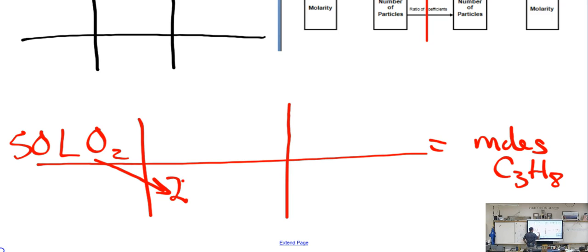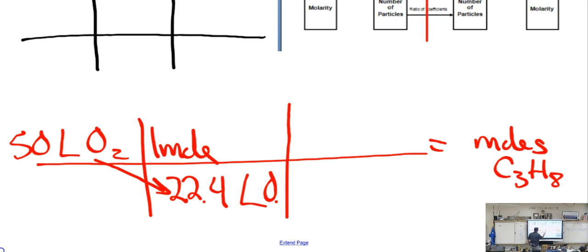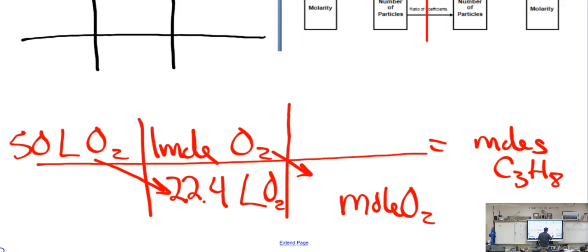All right, 22.4 liters per, always, 1 mole, and the chemical always has to match, O2 and O2, which means what has to go down there? What about it though, Alec? Mole of O2.